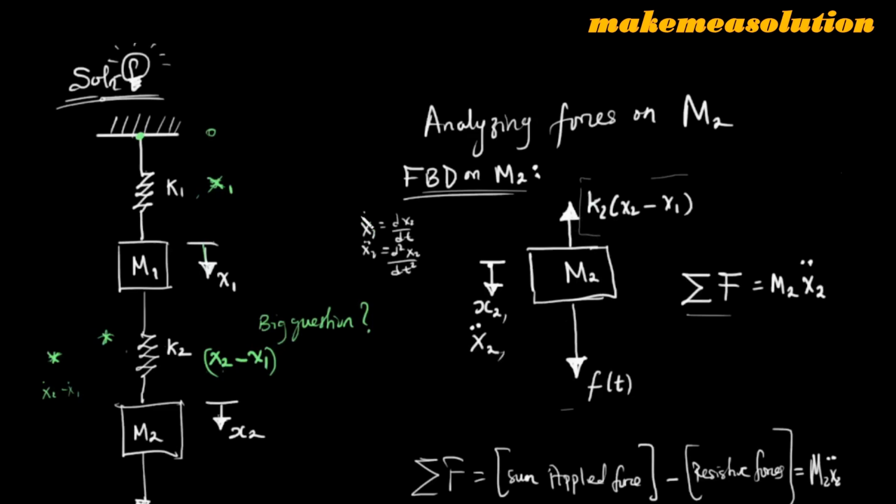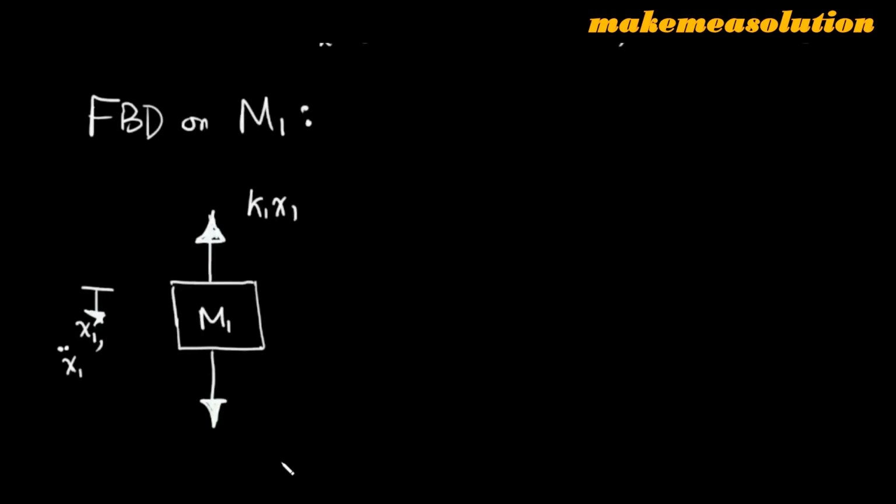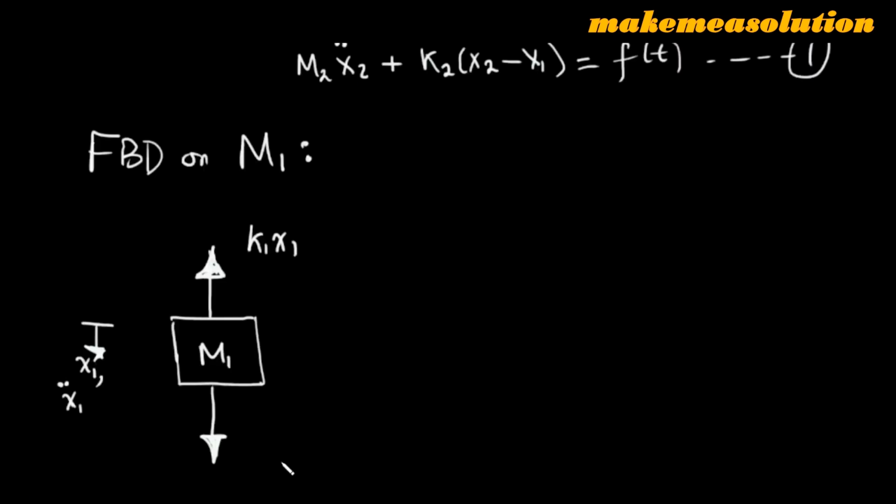So it's the same force. There is tension here. Tension is felt here. So the force pulling m2 down is the same force that is trying to restore m2 back to its normal position, which is the force pulling m1 down. So you can give that same magnitude, which was k2 into x2 minus x1.